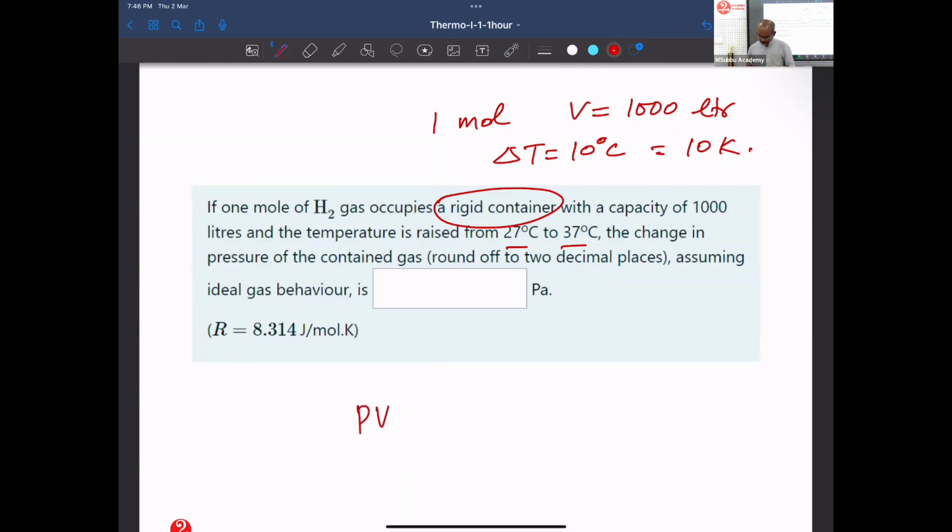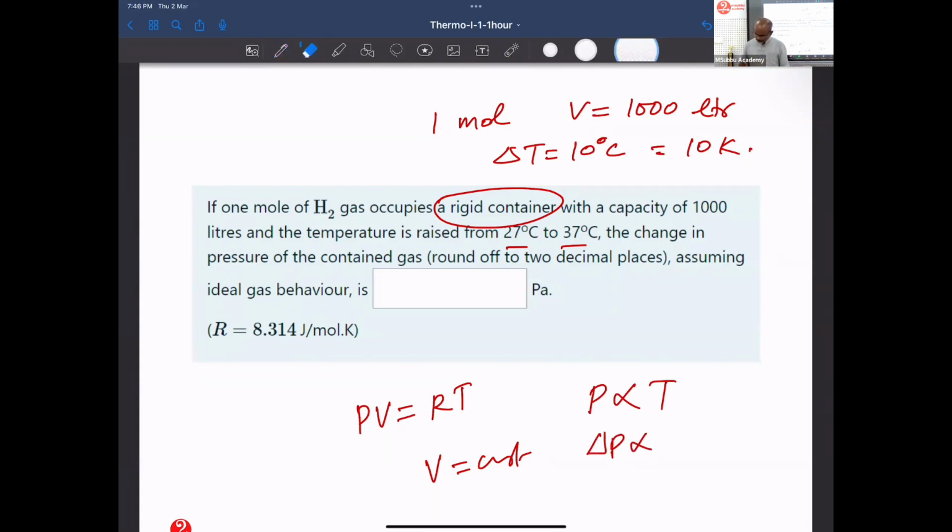We can write PV equal to RT, and V is constant, which gives pressure proportional to T, or delta P proportional to delta T. Volume remains constant, so only pressure changes.